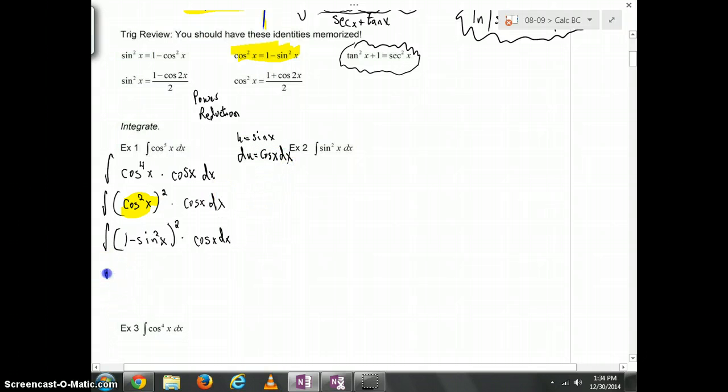And immediately you will get a new integral, 1 minus u squared, quantity squared, but cosine of x dx, this whole thing here, really can just be written in terms of du. So you can see how taking away one term of this odd power and then using the Pythagorean identities will lead to a helpful u substitution.